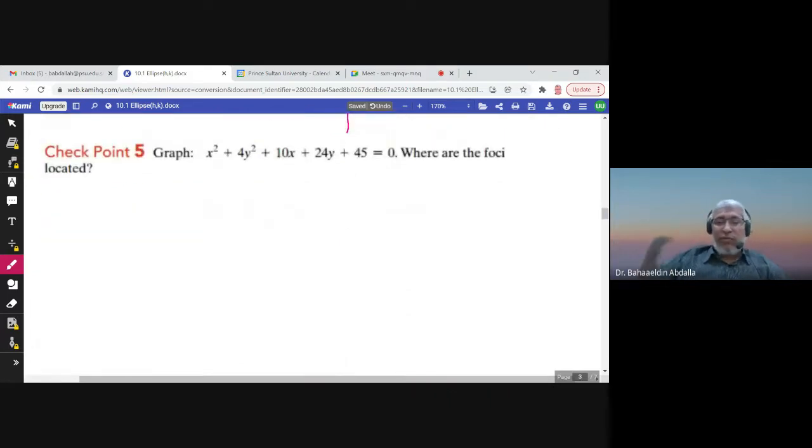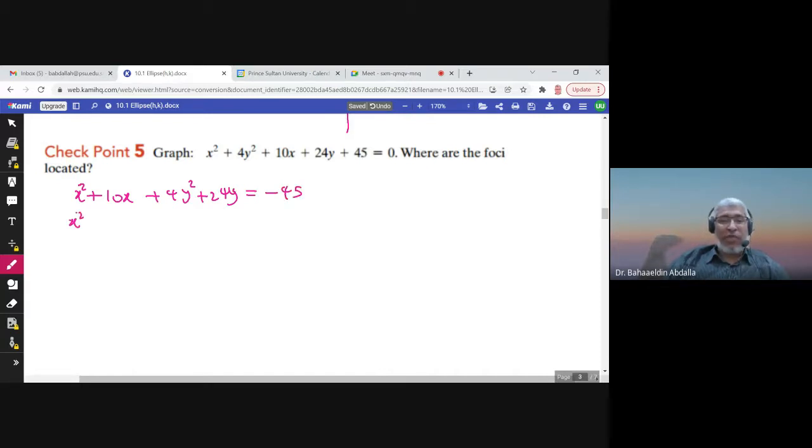Let us do the same here. Well, it is not difficult, just know the steps and do it. x squared plus 10x and 4y squared plus 24y, and take the number to the other side.